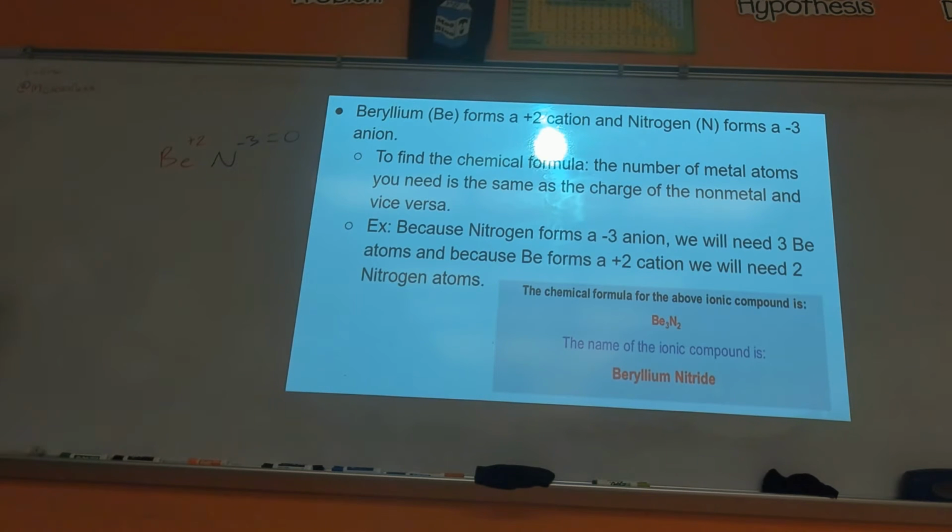For example, let's say hypothetically I was like, okay, well, what if we had 2 beryllium atoms? Well, that means you would have 2 +2 charges, each beryllium giving you a +2. So now 2 plus 2 is 4. -3, does that give you 0? No.